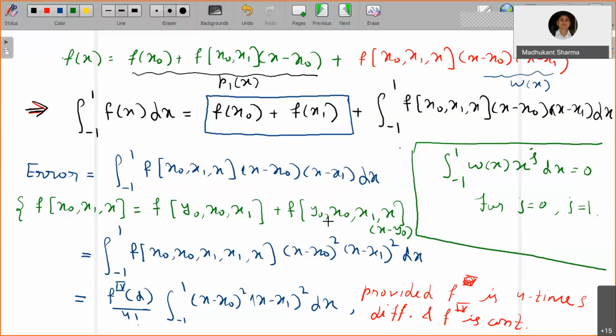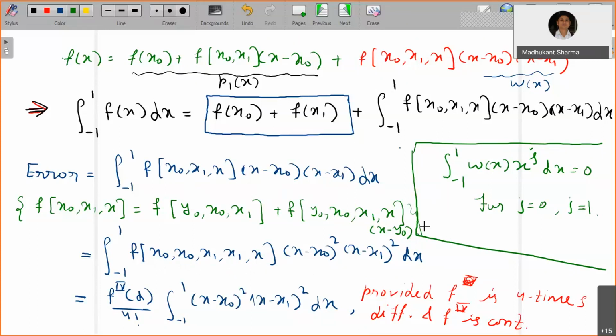You choose another point y1 equal to x1, so x naught is repeated twice and x1 is repeated twice. Then you have x minus x naught into x minus x1 into w of x, which gives you the following integral. This is similar to what we derived in the case of Simpson's rule or the midpoint rule.